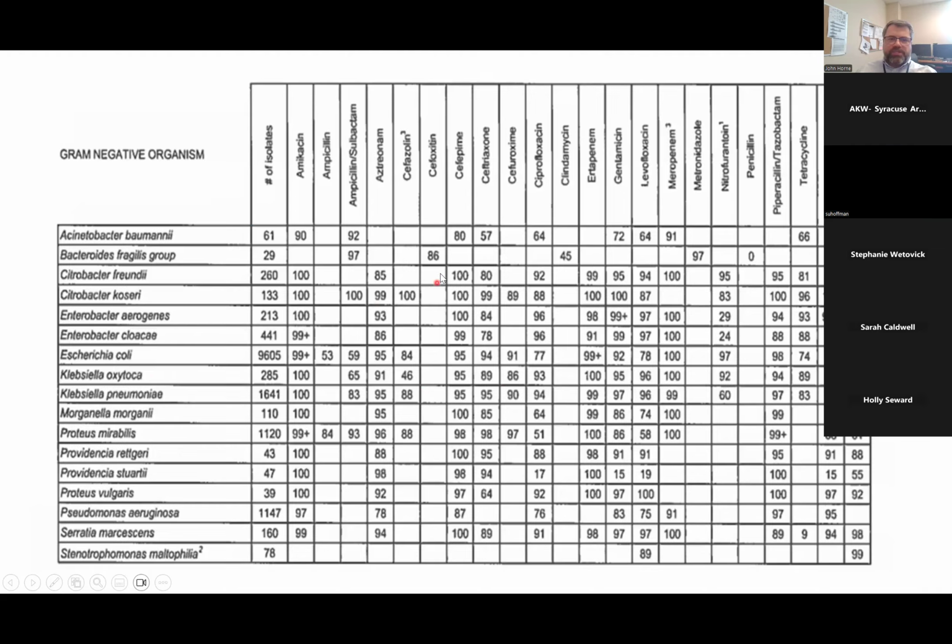And then I just wanted to give an example. This is an old antibiogram, just essentially to say the treatment really should focus on what your hospital antibiogram and your local antibiogram shows. So you'd look at the E. coli that's grown in your area. What type of resistance is in your area?